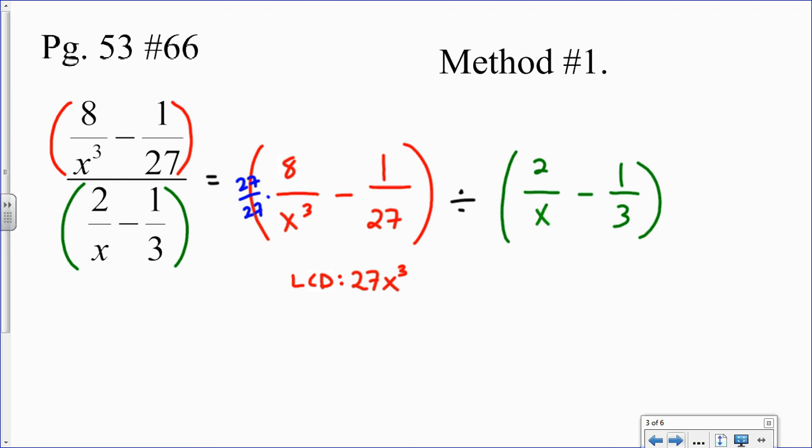And I have to multiply this one by x cubed over x cubed. 27 times 8, 216 over 27x cubed minus 1 times x cubed is x cubed over 27x cubed.